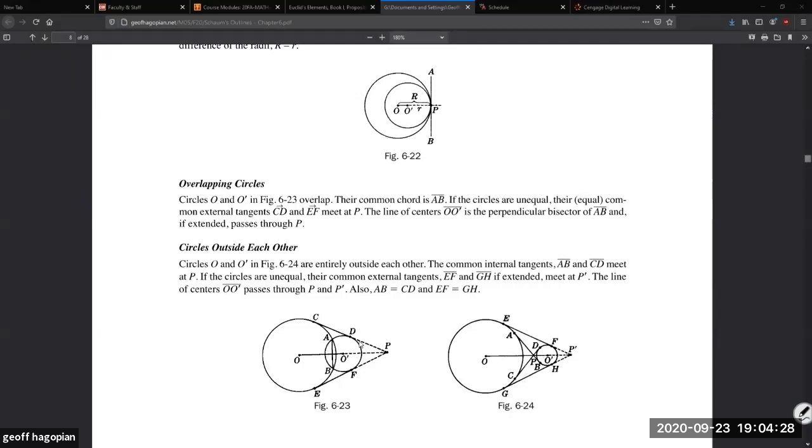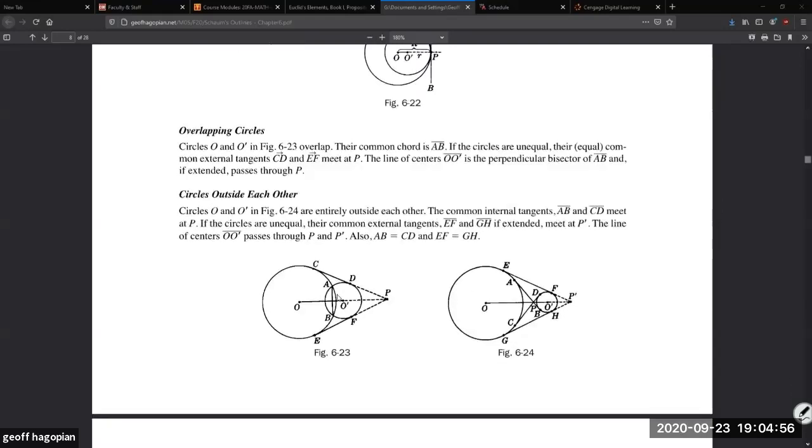And if the circles are unequal, their equal common external tangents CD and EF meet at P, and the line of centers OO prime is the perpendicular bisector of AB, and if extended, passes through the point of intersection P, which we could prove, but let's say that that just appeals to our sense of symmetry, since we're short on time.